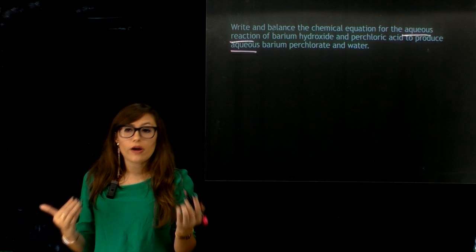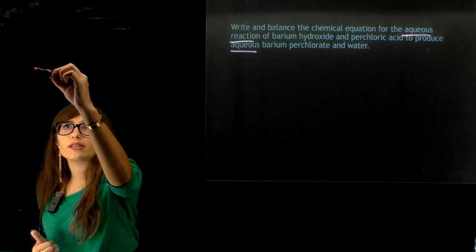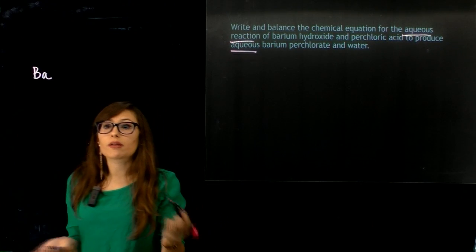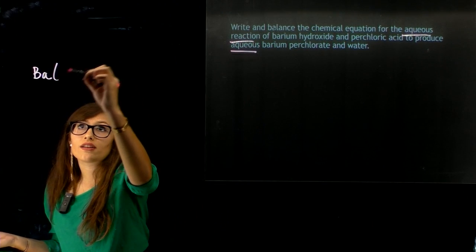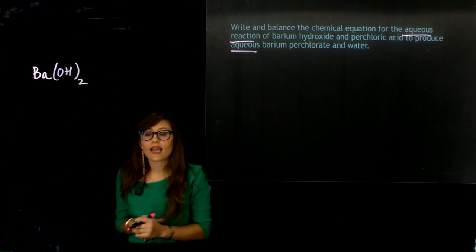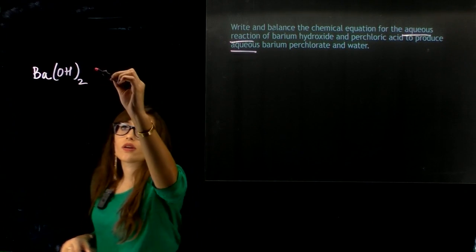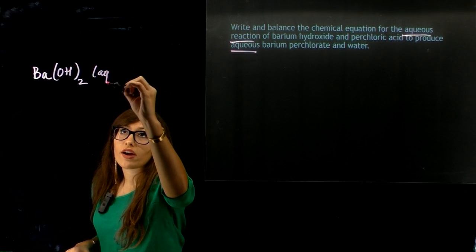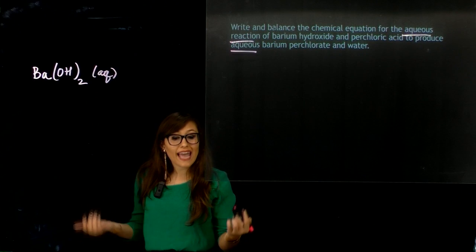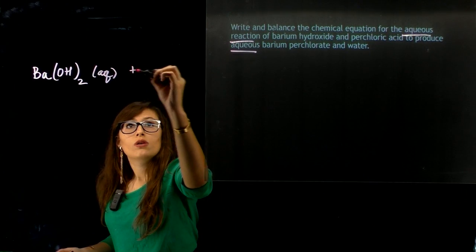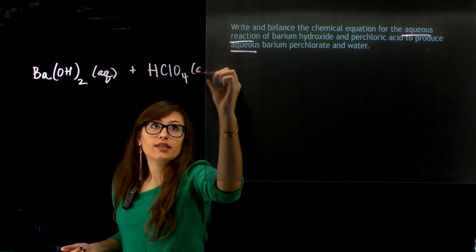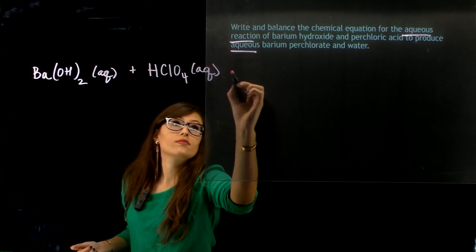Well, we know barium hydroxide. We know what barium is, Ba. We know barium forms the +2 cation. We know we have hydroxide, so it should be Ba(OH)2. Make sure you put your identifiers also, so (aq) in this case, plus perchloric acid, which is HClO4, and is also aqueous.